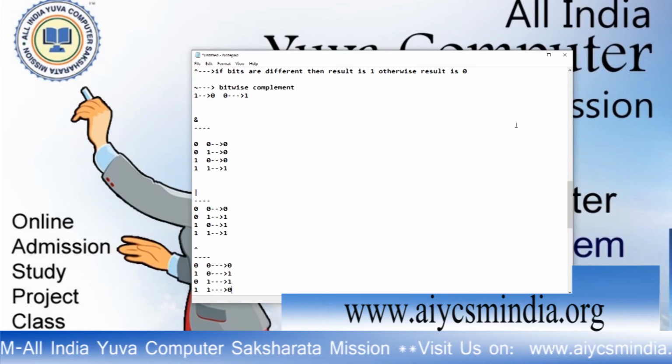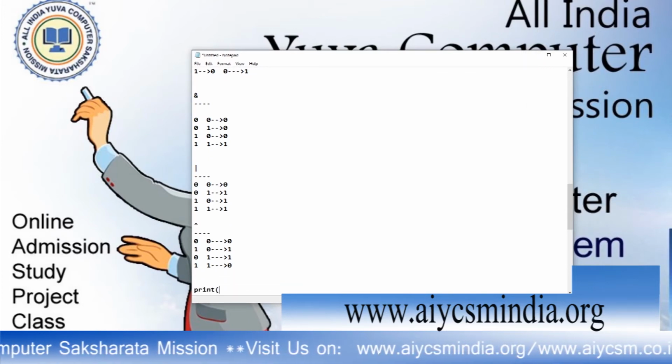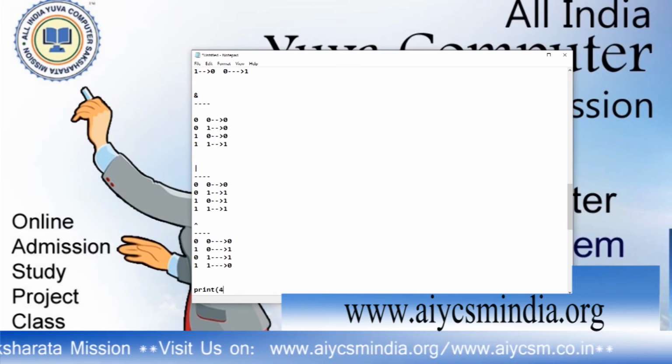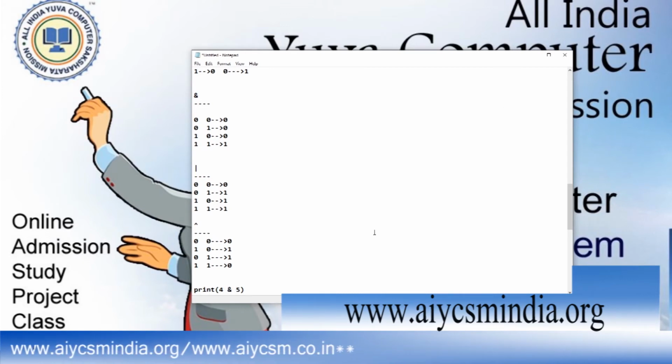Now if I want to print 4 and 5, I have to use the AND operator with spaces, 4 and 5. The result is 4.